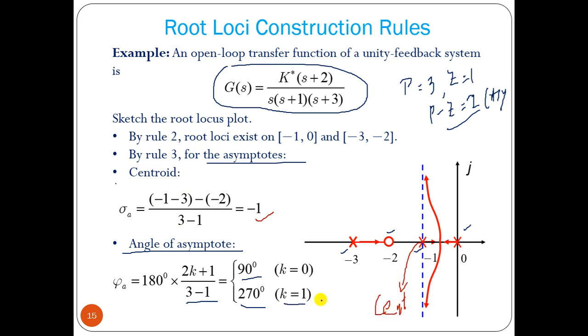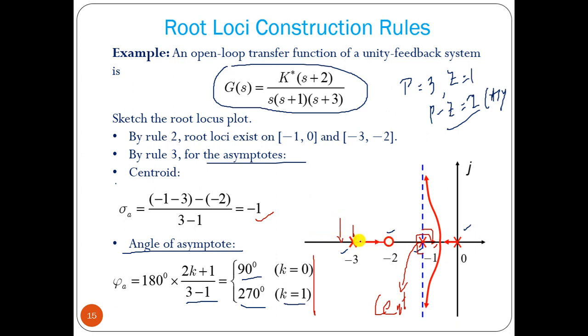Okay, and the angles of the asymptotes are, one is 90-degree, another one is 270-degree. Okay, now we can find out the real axis segment, where odd number of poles and zeros lie on the right hand side. Here two poles are there on the right hand side, so there is no segment. Here 3 poles and 0, so there is a real axis segment.